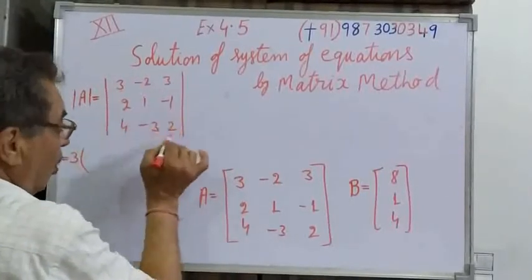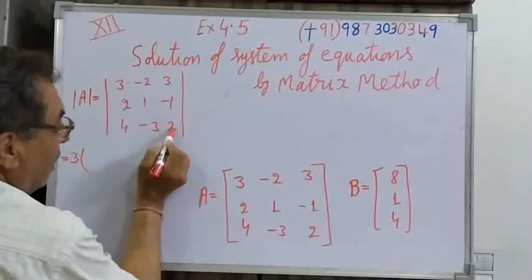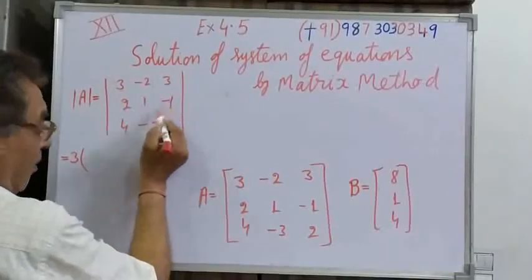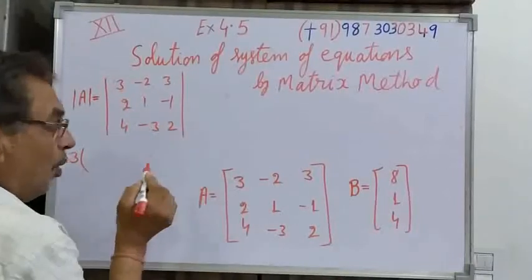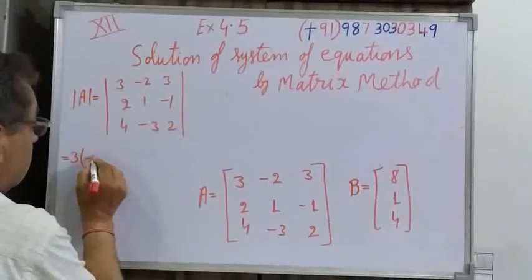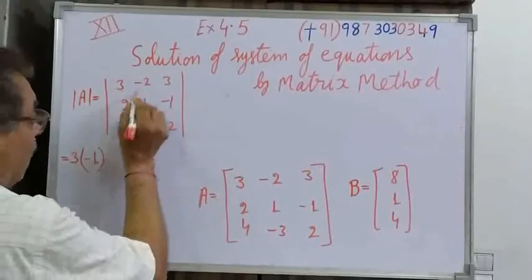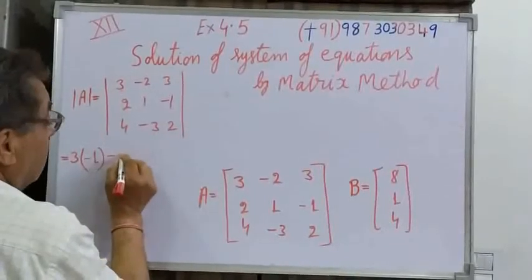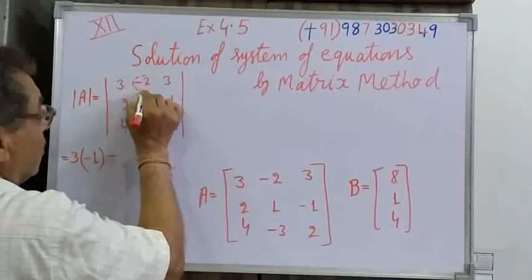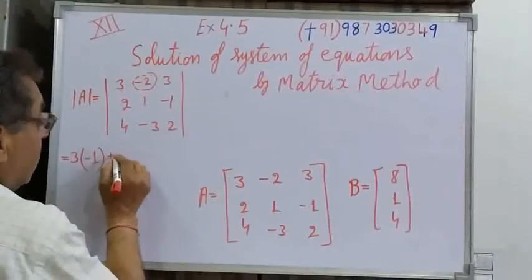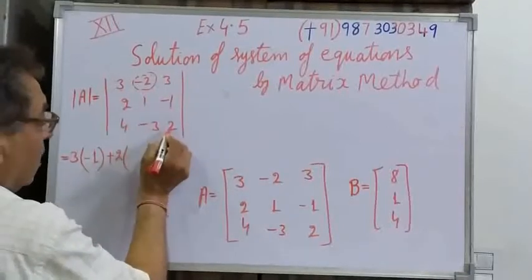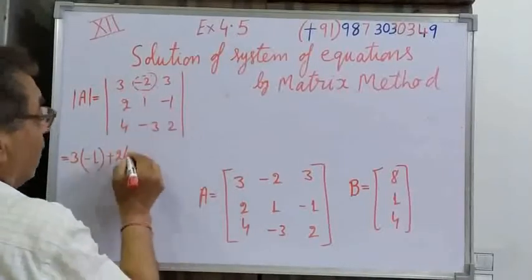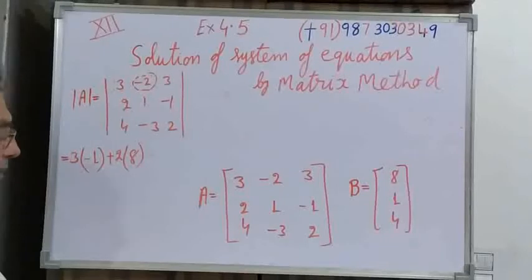This is a small determinant; evaluate it: 1 times 2 is 2, minus the product of these, that is plus 3, giving 2 minus 3 times minus 1. Then go for the next one, put the minus sign, and this minus 2 becomes positive 2. Then hide this column and this row: 2 times 2 is 4 and plus 4, we get 8 here.